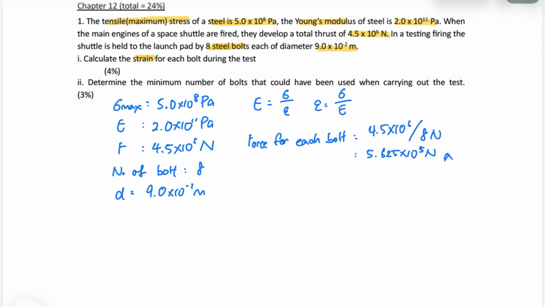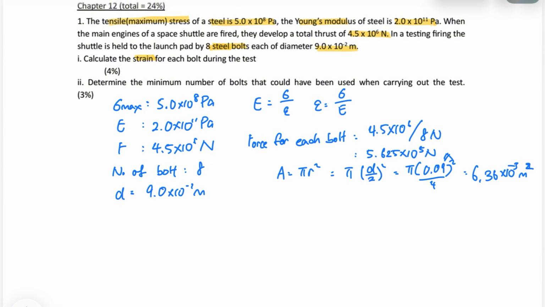Area is pi r squared, or you can change it to pi times d over 2, squared. We substitute everything: pi times 0.09 divided by 2, squared, and the answer here is 6.36 times 10 to the power of negative 3 meter squared.